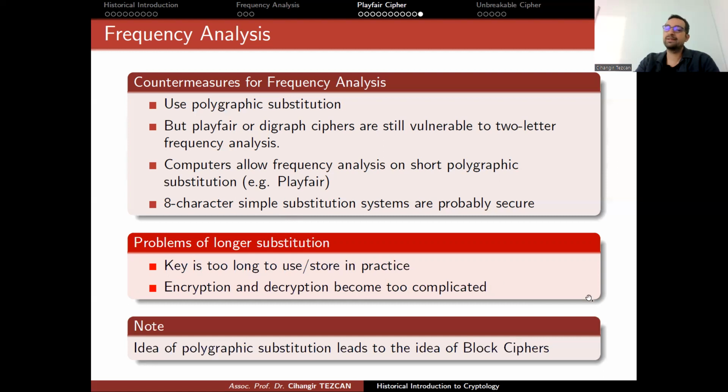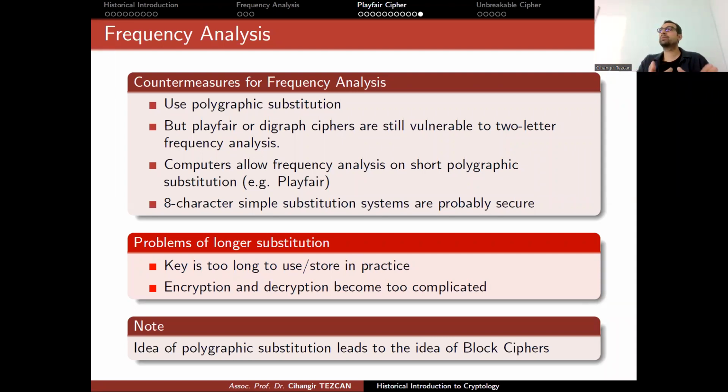But the important thing is that this idea of polygraphic substitution leads us to the idea of block ciphers, because we will see that in block ciphers, we divide the input into blocks. And in modern days, we create the blocks as 64 bits or 128 bits. This means 8 bytes or 16 bytes. Okay.